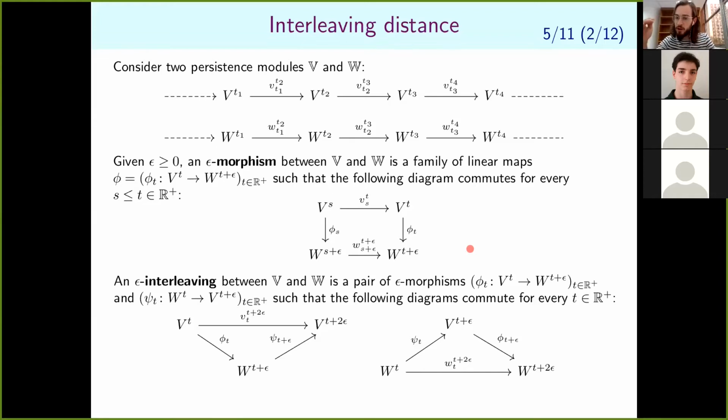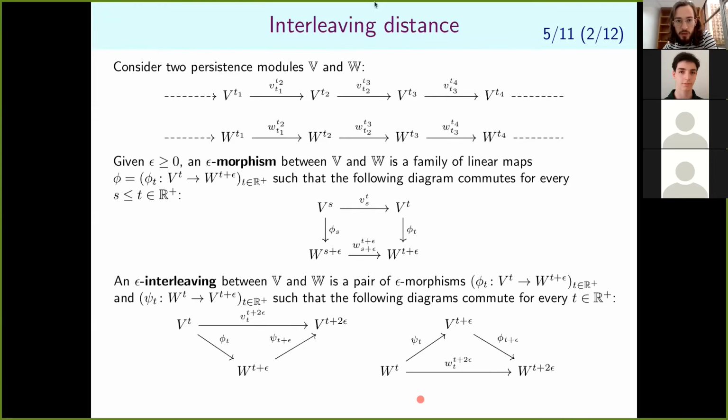I have two epsilon morphisms. The first goes from V to W, and the second one from W to V. I want them to be compatible, and this compatibility can be expressed with, again, two commutative diagrams.